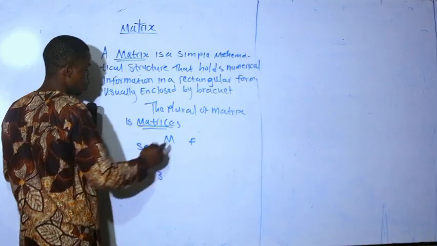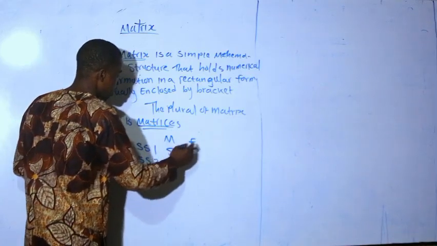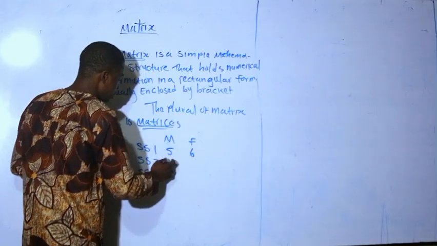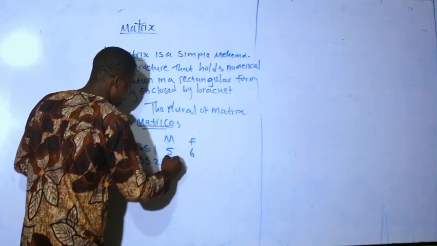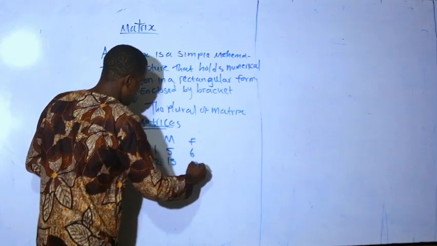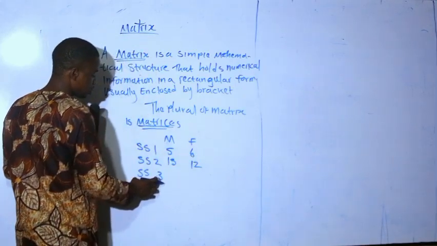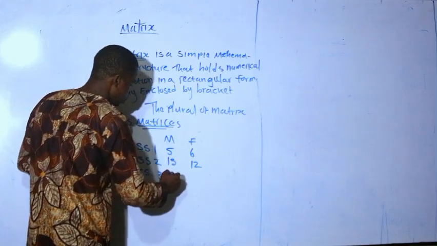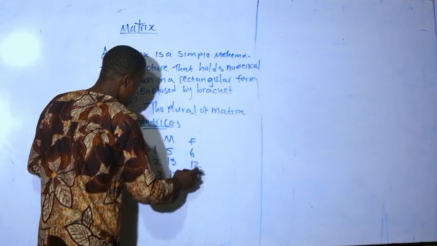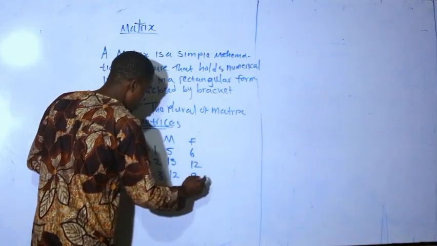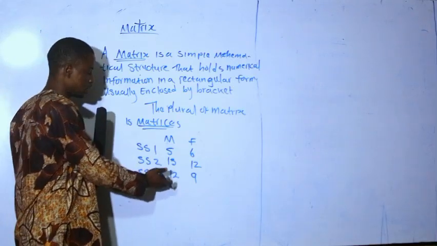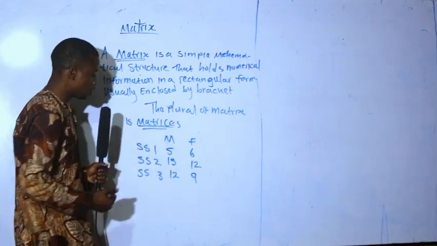In SS1 we have 5 male, in SS2 we have 13 male, in SS3 we have 12 male. Look at this information. This is what we call the information that is going on.